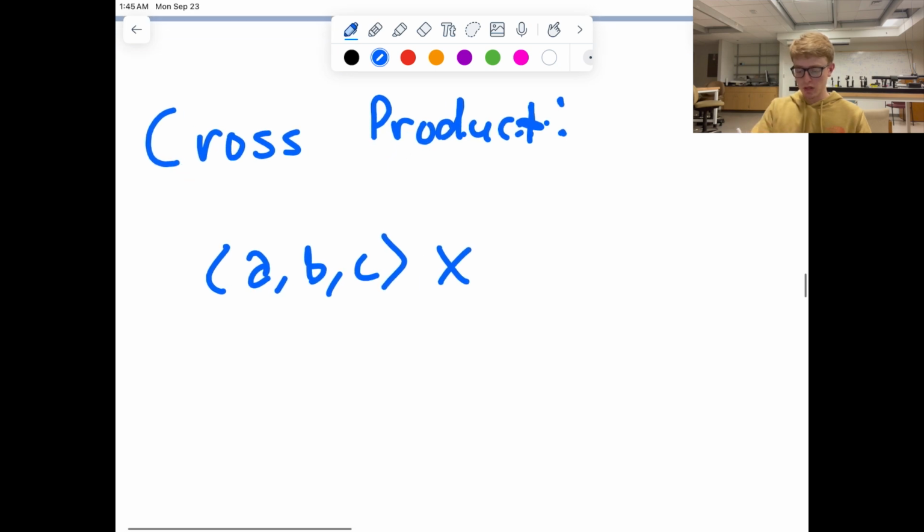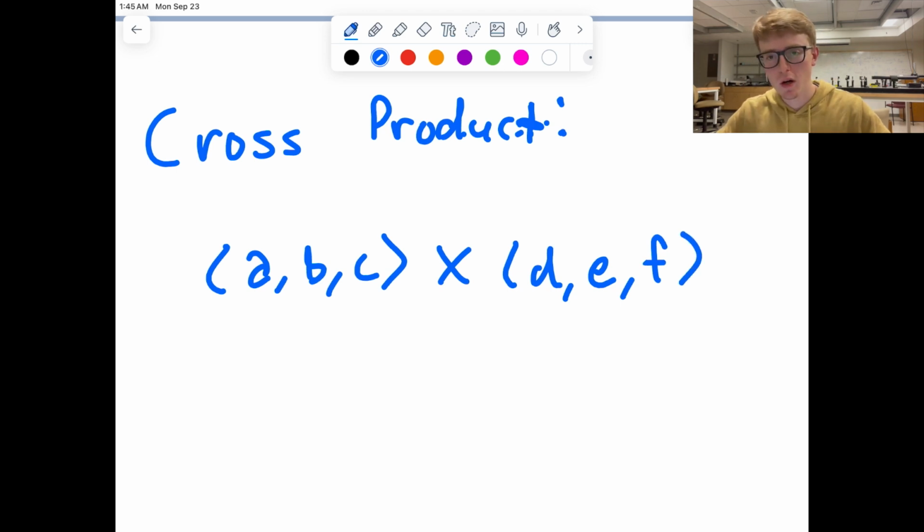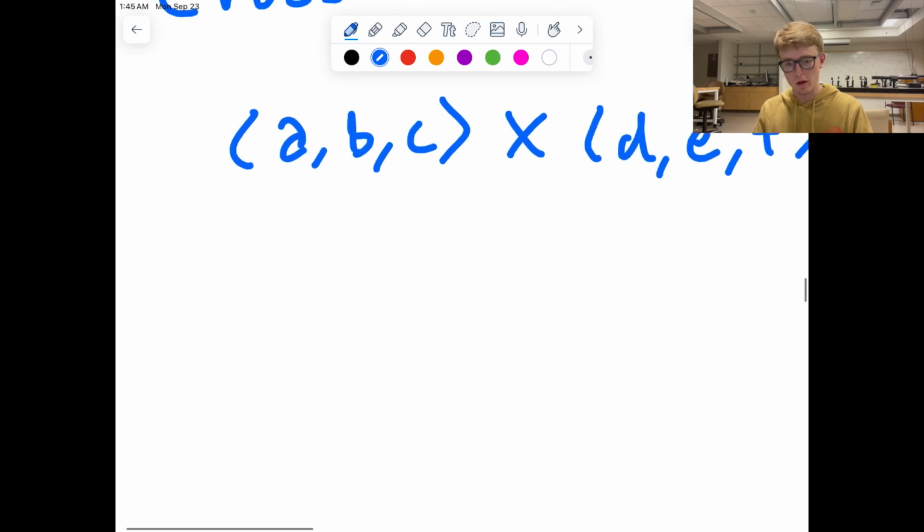That's not multiplication, that is cross, D, E, F. Now there are two methods for computing cross product. I will go over both of them. Feel free to choose your favorite and stick with that. These are the two main methods that I've seen. There are plenty of other methods, so if you don't like these, or if you have your own that you prefer, feel free to look up other methods or use your own. Totally fine, however you want to do it.